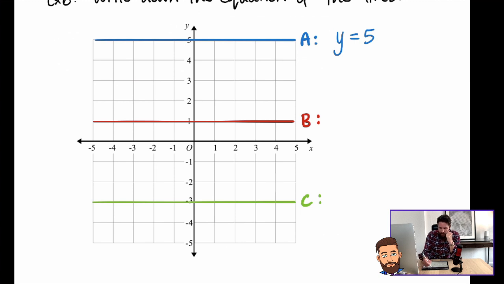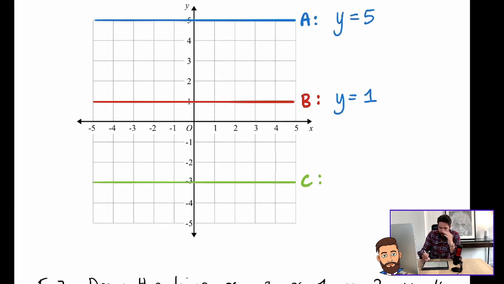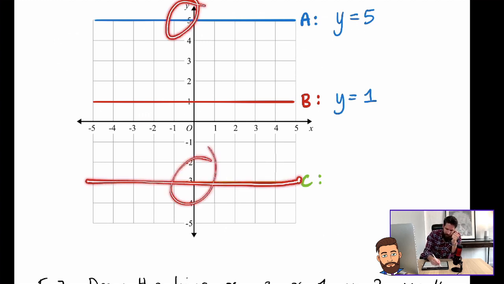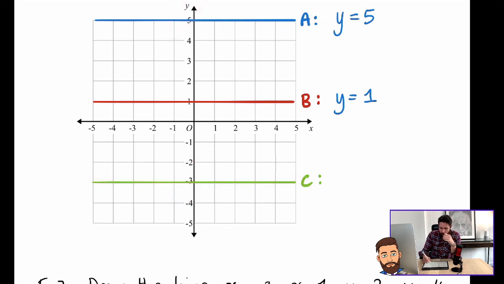In B's case, going through the y-axis at the point 1, it must be y equals 1. And for part C, if we look at the line and think to ourselves, what's happening? It's going through the y-axis at -3, which means all the values for y are -3.